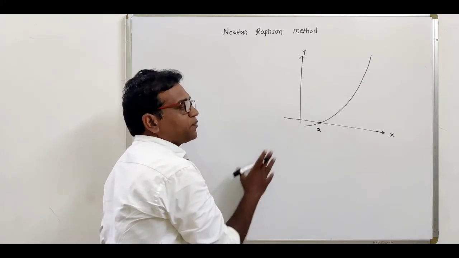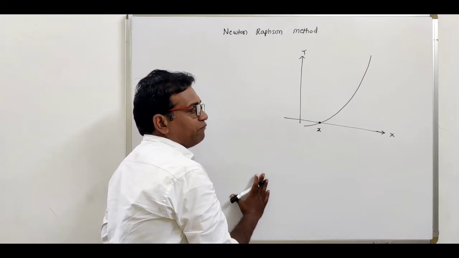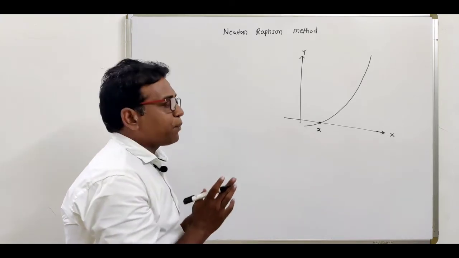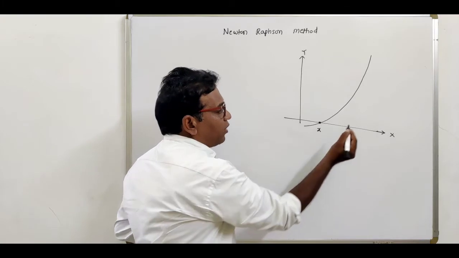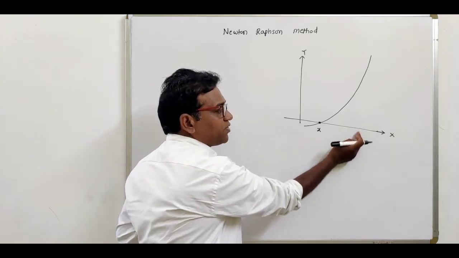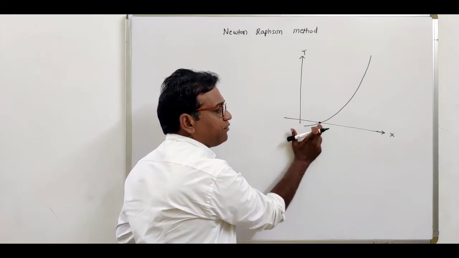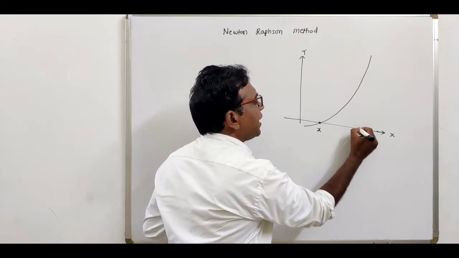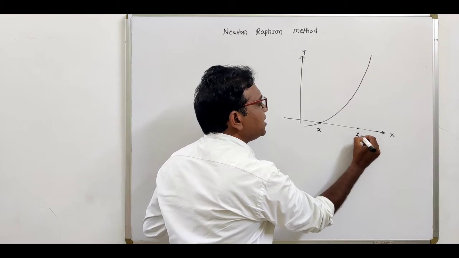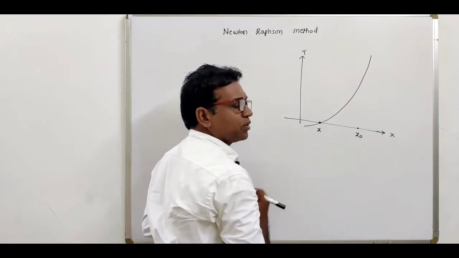Now in Newton-Raphson method, we will start with the initial approximation x0, which is very near to this actual root. Suppose this is our x0, that is the initial approximate root.